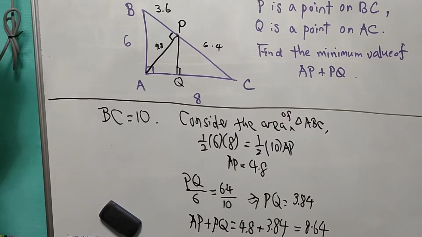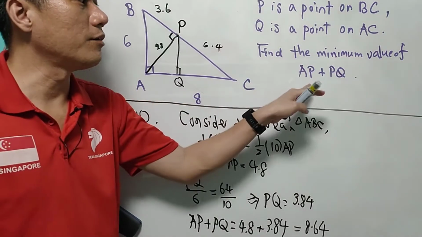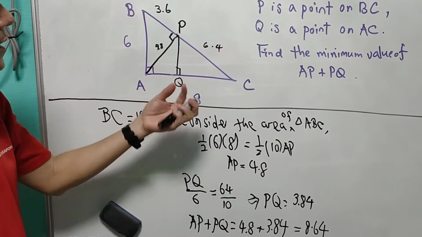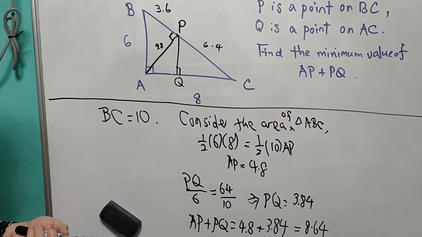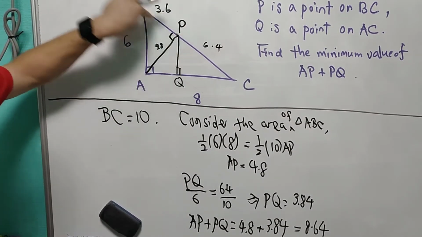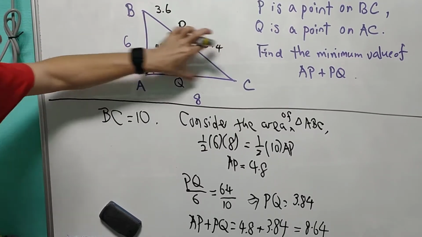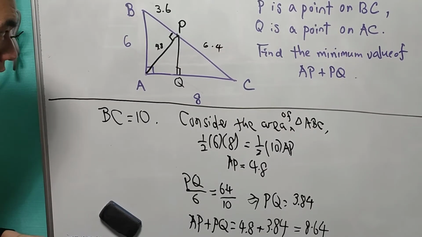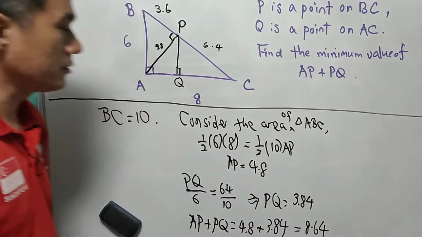Let us look at this question again and see whether it makes sense to us. We want to find the minimum value of AP plus PQ, where P can be any point on BC and Q can be any point on AC. And we found that AP is the best for all the P on BC. With this P, this PQ is the best for all the variable Q. However, the sum is equal to 8.64.